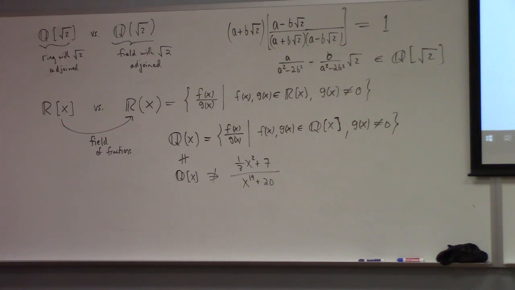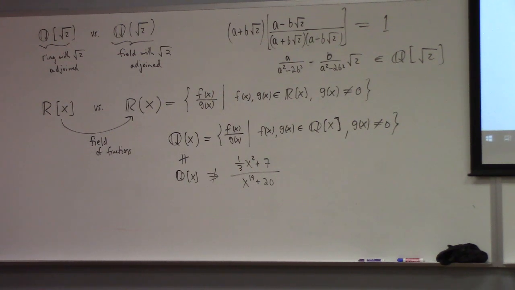But I stated a definition at the end of 29 where I said that F adjoin alpha 1, alpha 2, alpha n is the smallest extension field of F which contains alpha 1 through alpha n. Right?